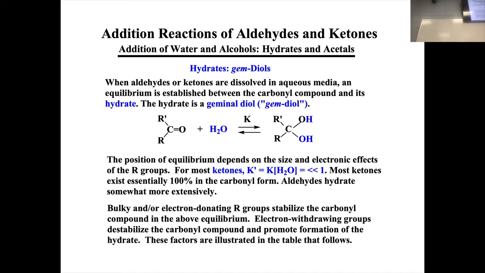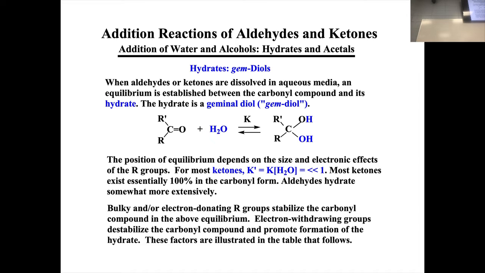However, it's very important to note that most ketones, where R prime and R are both carbon, the equilibrium does not favor the formation of the hydrate, okay? The equilibrium constant is much less than 1. Most of these things exist as the ketone. So, when you take your acetone-containing fingernail polish remover and you put it in water, it stays as the ketone. It doesn't form the hydrate to any appreciable amount.